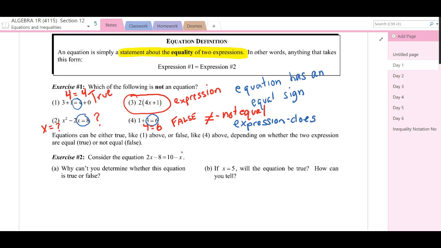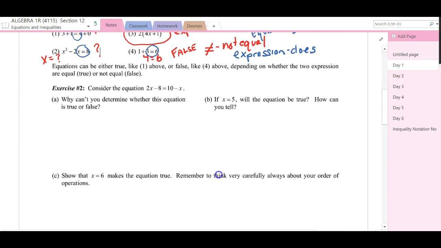The reason is we have no idea what x is. In letter B, it says if x equals 5, will this equation be true? How can you tell?